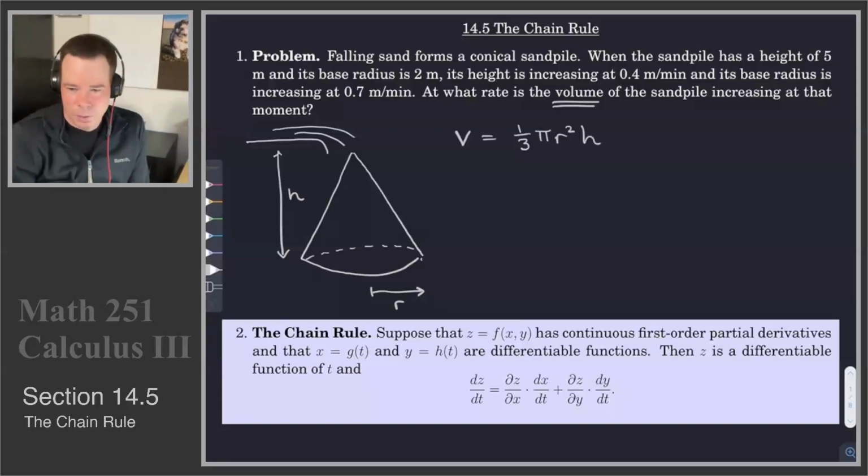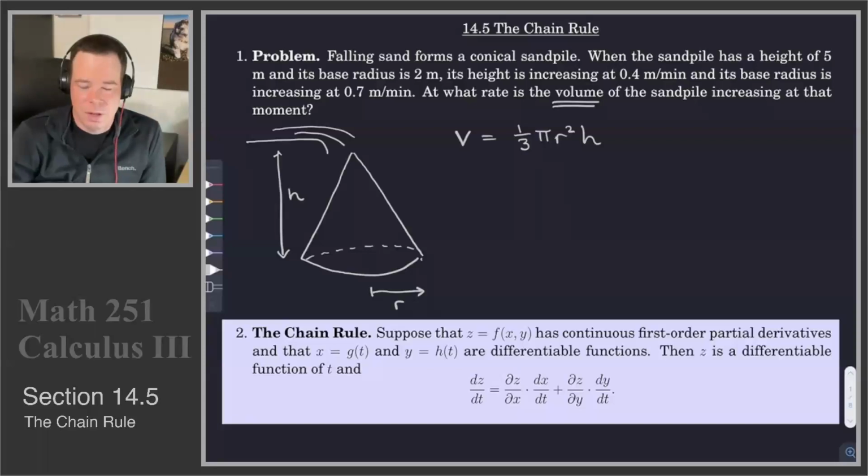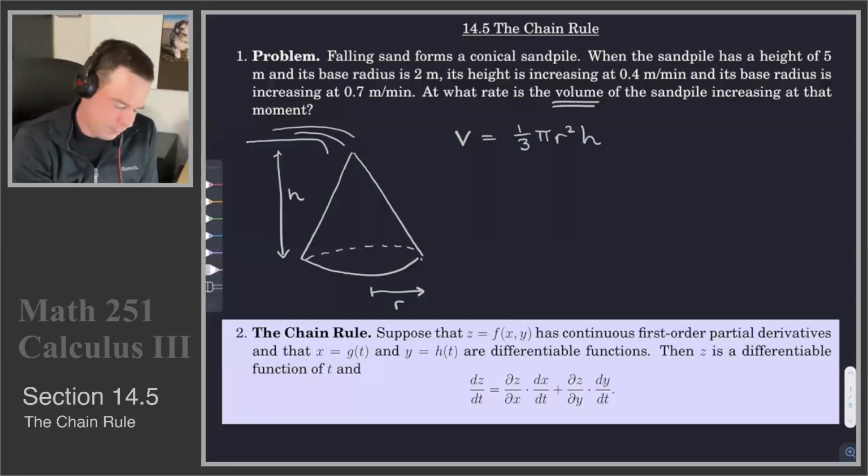If you're wondering where I pulled that out of, we probably did derive it when we did volumes of solids of revolution, but this is just a formula for a cone. I like to think of it as 1/3 of the volume of the corresponding circular cylinder with base radius r and height h. The volume of the cone is just 1/3 of that.